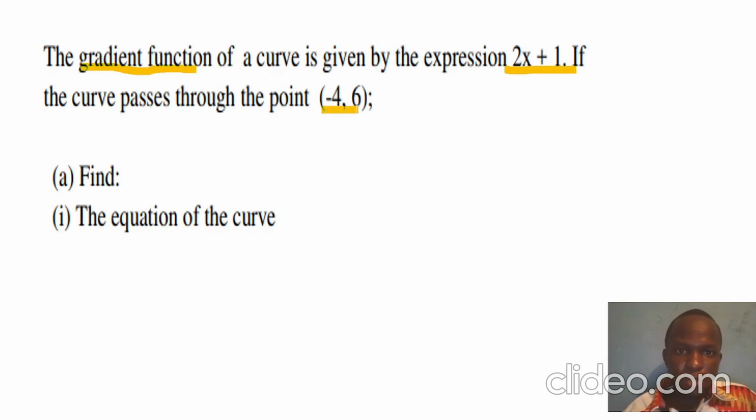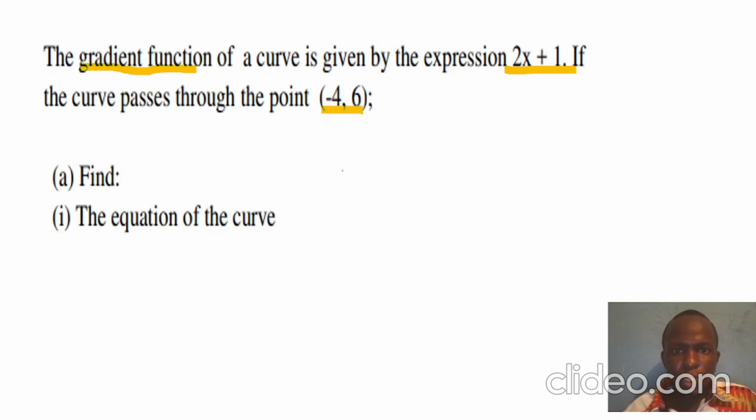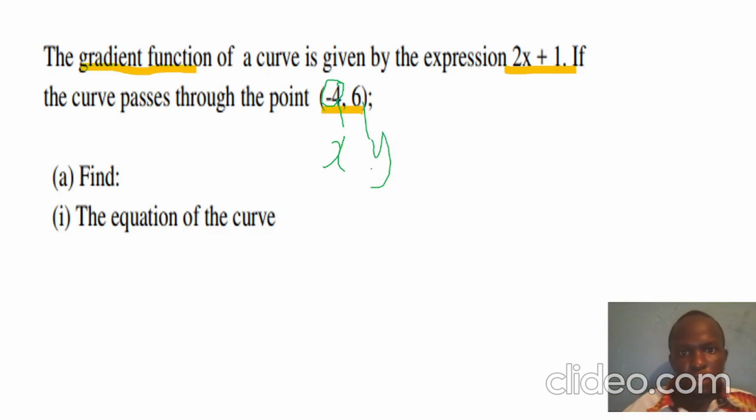It passes through these coordinates, and we have to make sure we have identified these coordinates. This is the x coordinate, this is the y coordinate. So it is very important that we identify the coordinates.